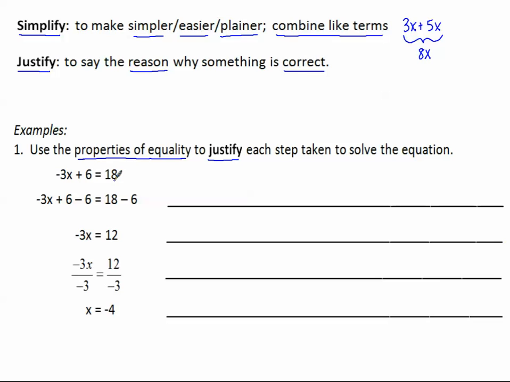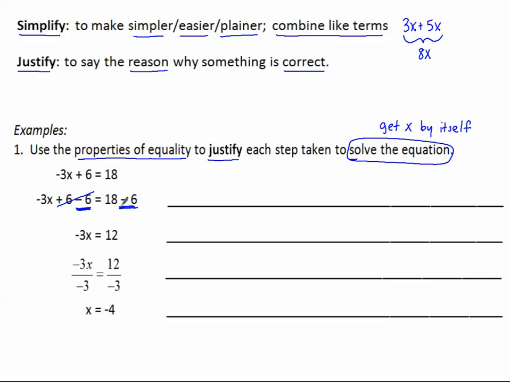My goal when I solve an equation is get x, in this case, or any variable, by itself. Figure out what does x equal. So if I'm trying to get x by itself, the first thing I showed was subtracting the 6 from both sides, because that is the inverse of the positive 6.